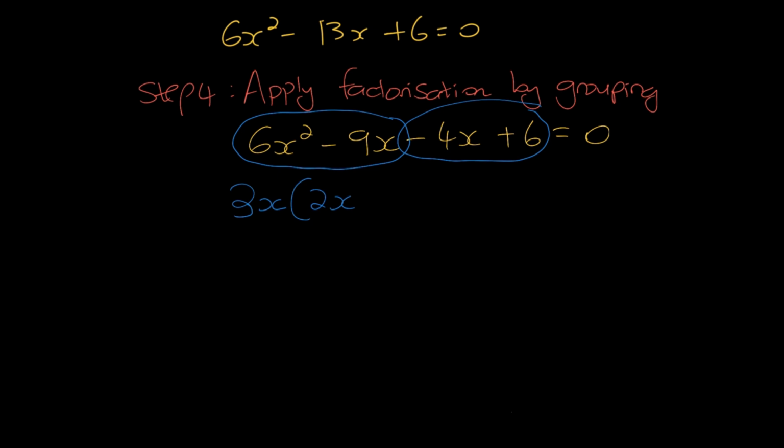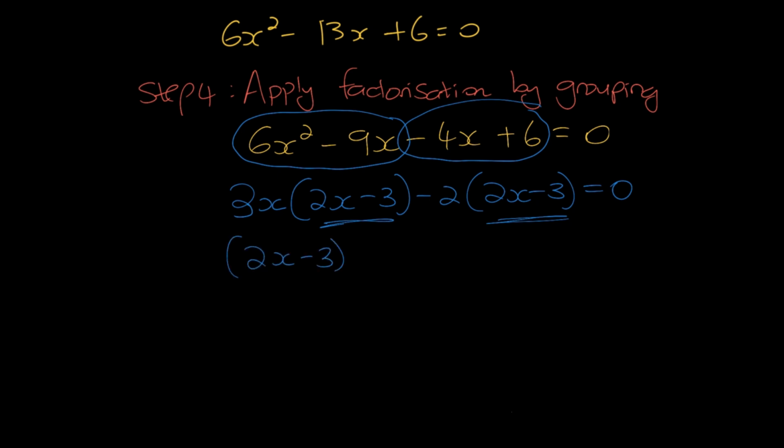We're then left with 2x minus 3. In the second group, we have a common factor of minus 2. We're then left with 2x minus 3. We can then see that we have a common bracket, which is 2x minus 3, and then we're left with 3x minus 2 equals 0.